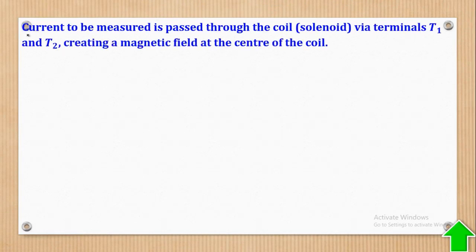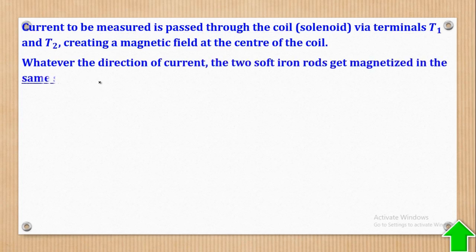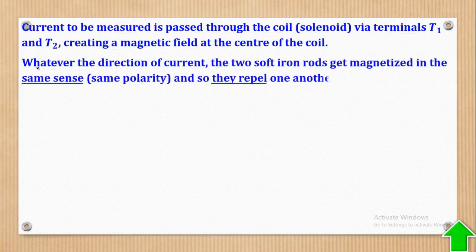So the current to be measured is passed through the coil via terminals T1 and T2, creating a magnetic field at the center of the coil. Whatever the direction of the current, the two soft iron rods get magnetized in the same sense.